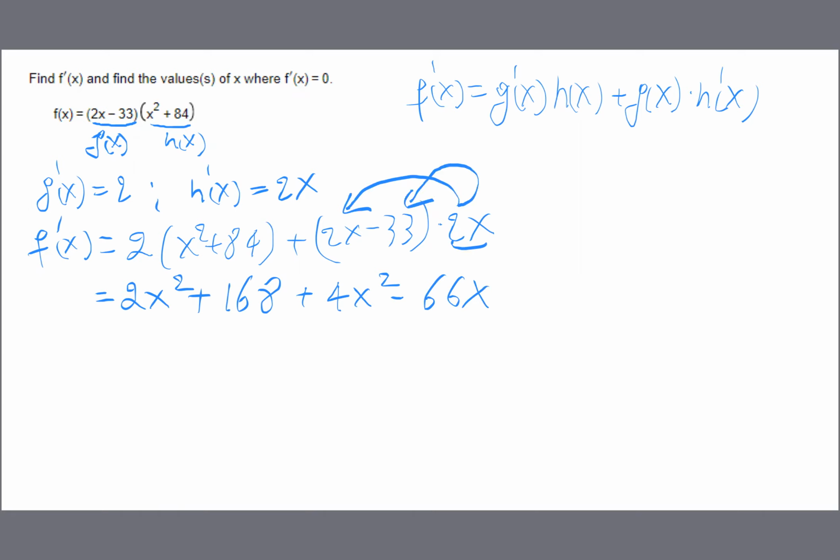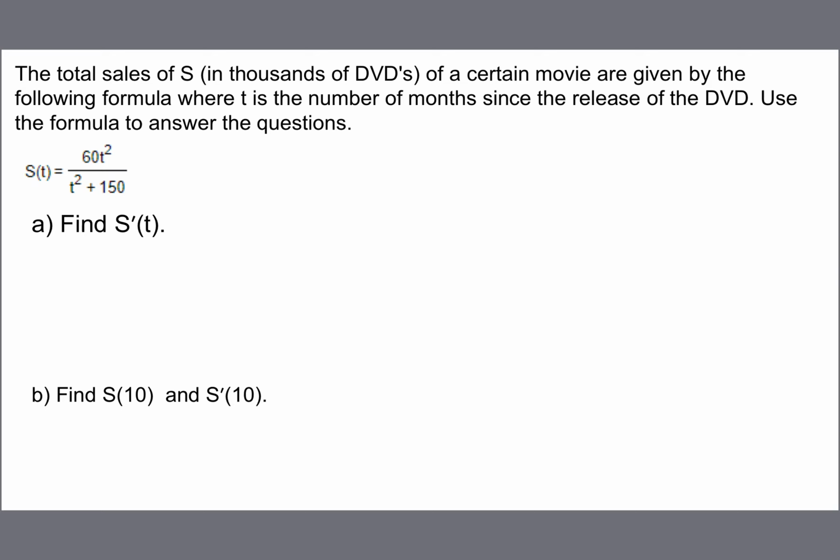Okay, in this example, we're looking at applications of derivatives, and this is the last objective that we're going to be working with. Okay, so we're given this scenario. The total sales S, in thousands of dollars and thousands of DVDs of a certain movie.